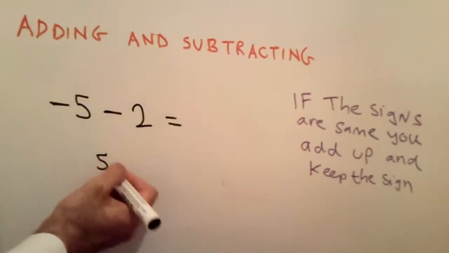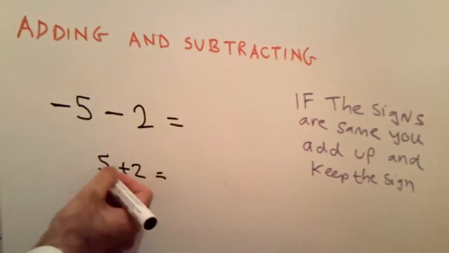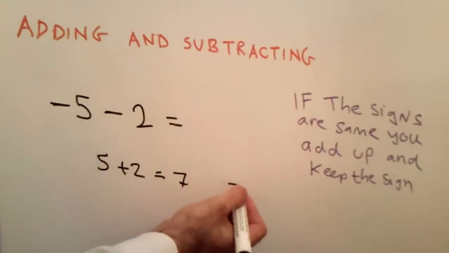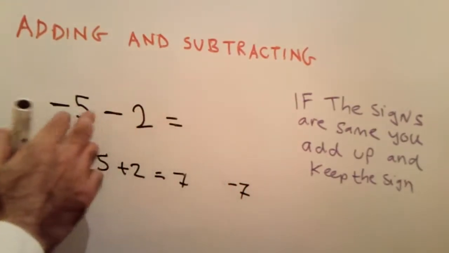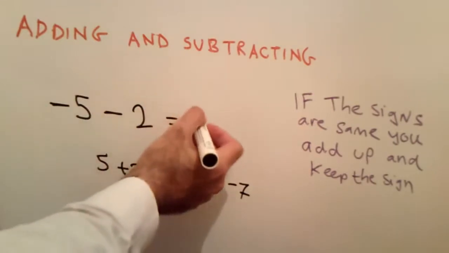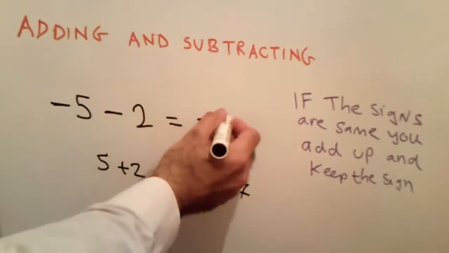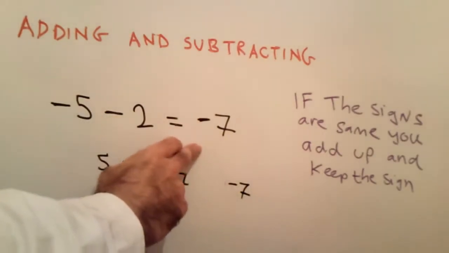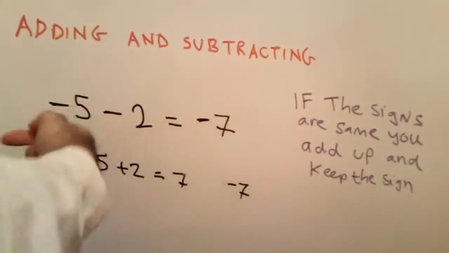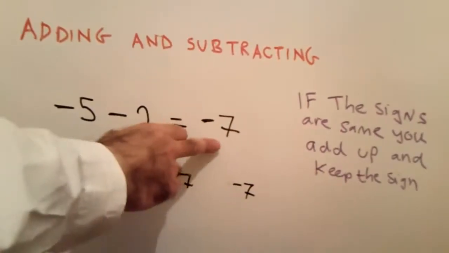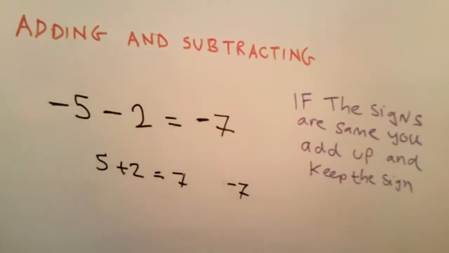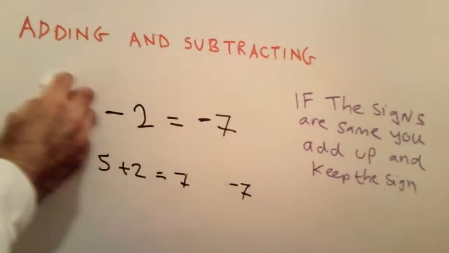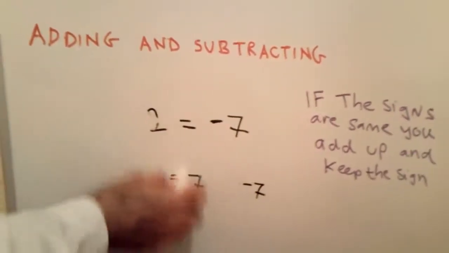So 5 plus 2 is 7, and we keep the sign, so it's -7. So yeah, we get the same answer. Again, all that's saying is you're at -5 this time, and you move to your left 2 places, and you come up to -7. So this is actually a lot simpler than when the signs aren't the same.